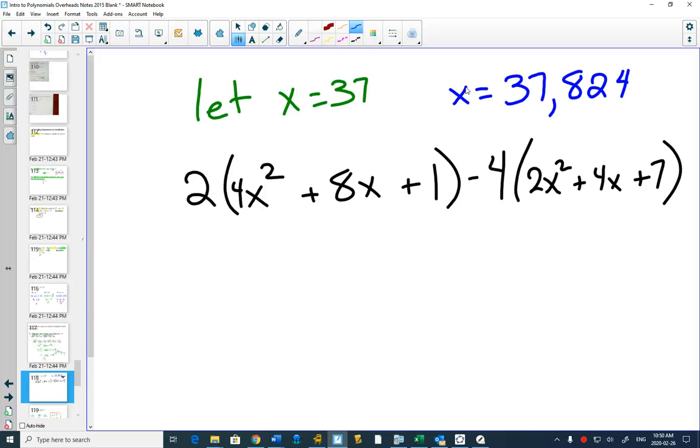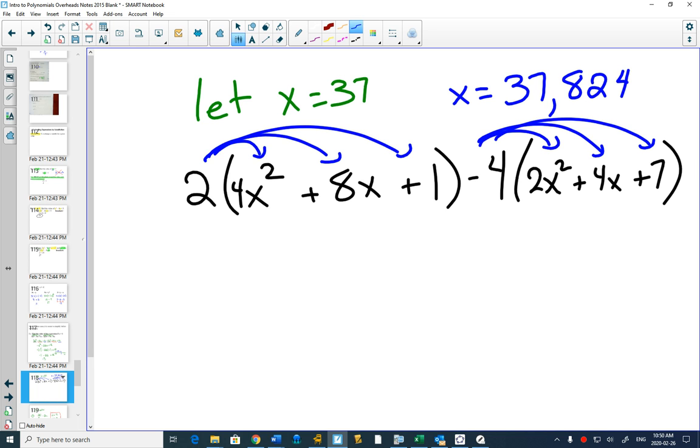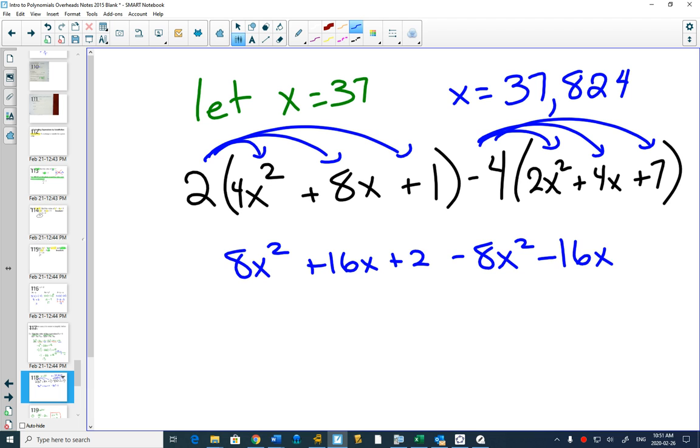You ready, Logan? We would distribute, right? And after you distribute it, you'll get 8x squared plus 16x plus 2, and then minus 8x squared minus 16x minus 20 minus 28.